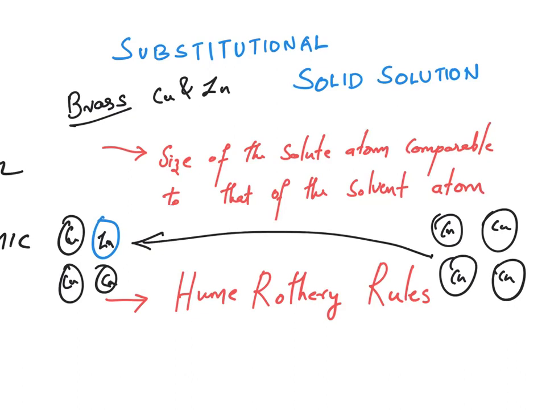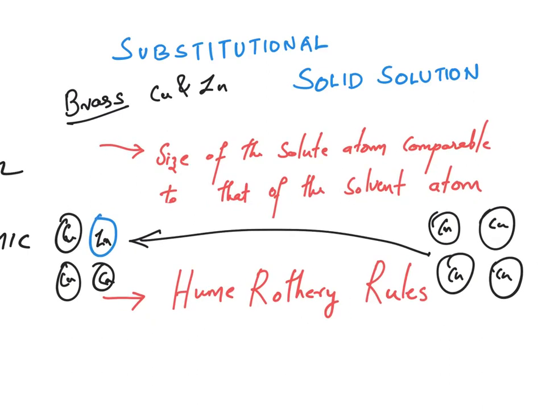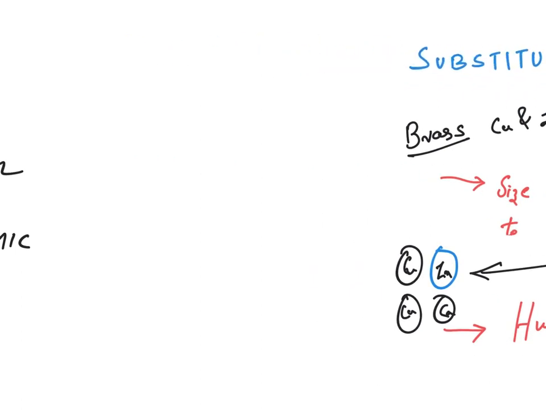For this, there are certain conditions that should be satisfied to form a complete substitutional solid solution. Now we will be talking about that. Those are called Hume-Rothery rules. They are pretty much common sense rules, I would say.